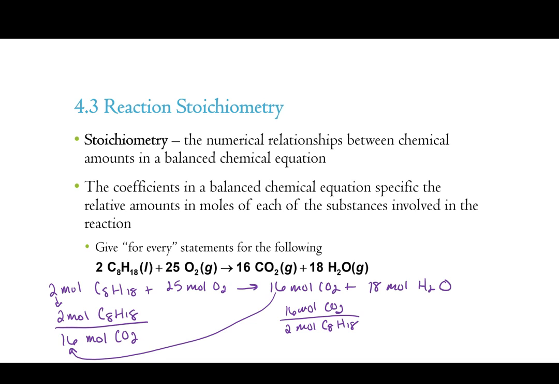Things don't have to be on the same side of the reaction in order for you to look at the mole ratio. So we could also say if I make 16 moles of carbon dioxide, I'm also going to make 18 moles of water. So these mole ratios are the key to stoichiometry. And again, they just come from the balanced chemical reaction.